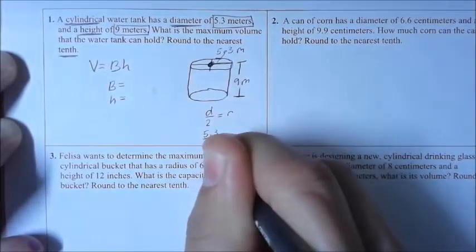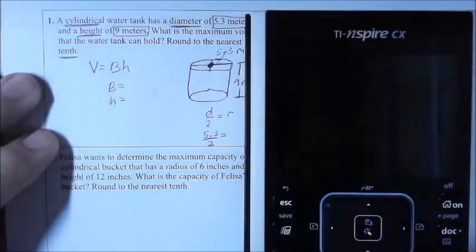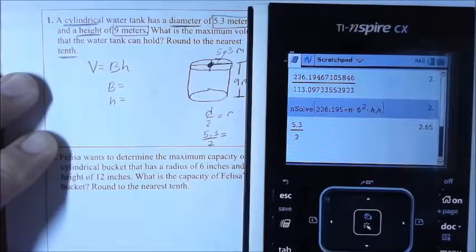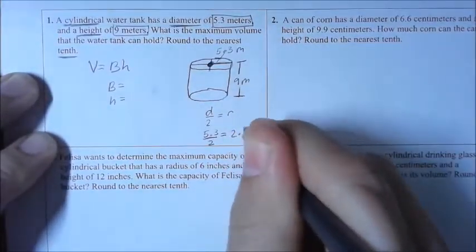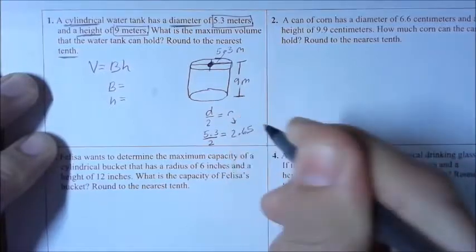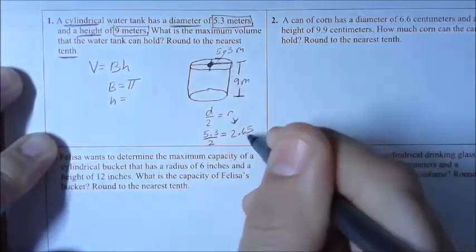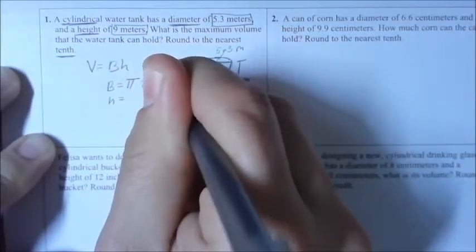And that divided by 2 is equal to, and instead of doing that in my head, let's try to just do that with the calculator. So we have 5.3 divided by 2. And that gives me 2.65. So that's 2.65, and that's my R. So we're going to do pi r squared, so pi, and then times my R, 2.65 squared.